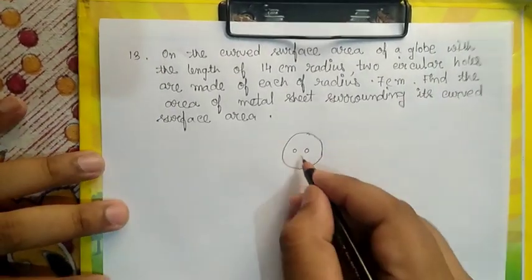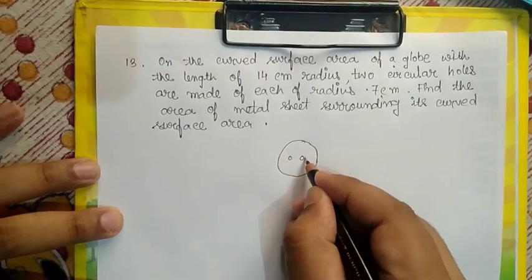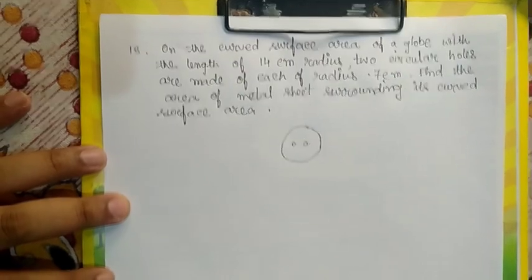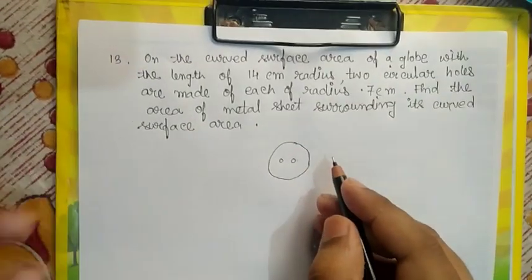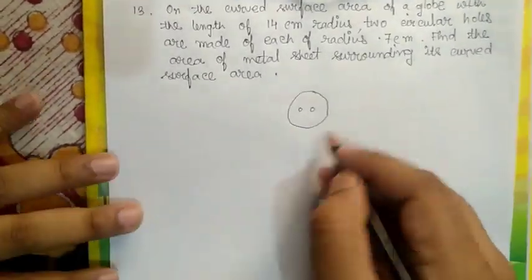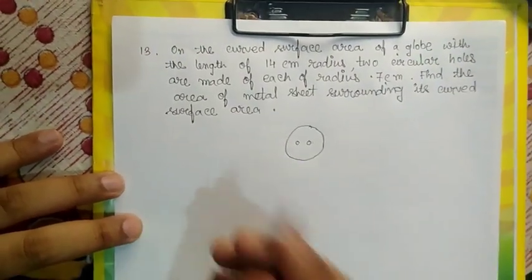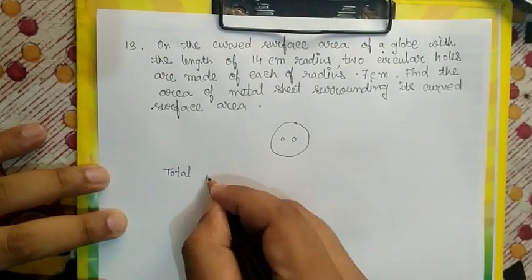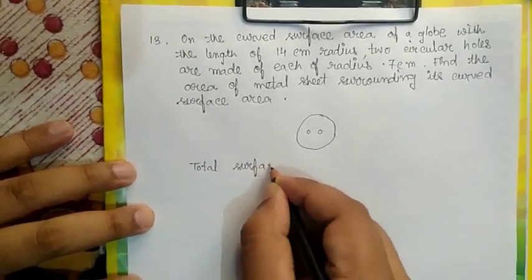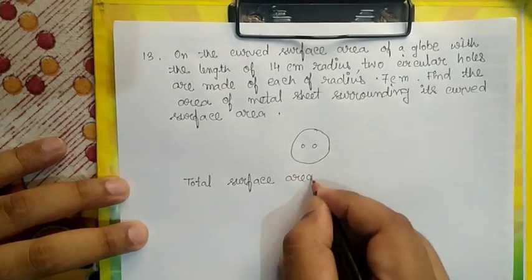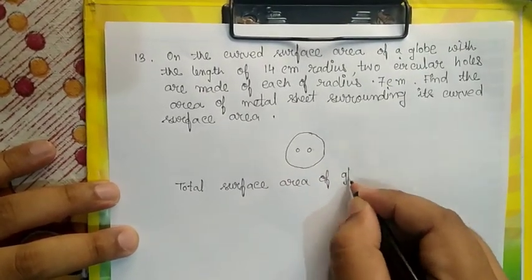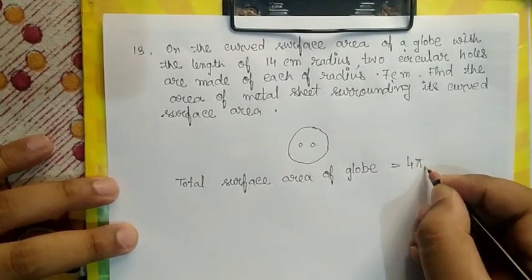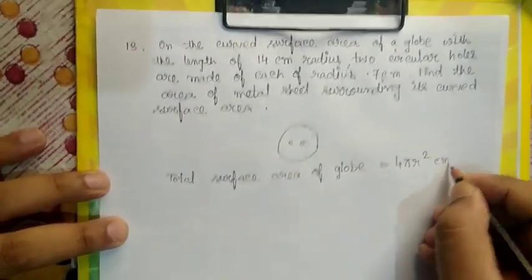Therefore, first of all we have to find the area of these two circles, and after that we have to eliminate this to find out the total metal sheet surrounding its curved surface area of this globe. So therefore, first of all, total surface area of globe equal to 4 pi r square centimeter square.